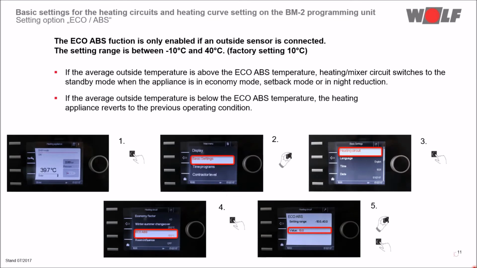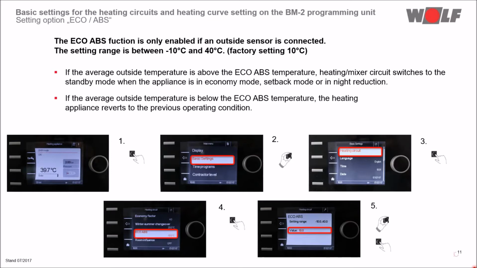Now let's take a look at the eco-ABS function. This function is only enabled if an outside sensor is connected. The setting range is between -10 degrees to 40 degrees. The Wolf factory setting is 10 degrees.